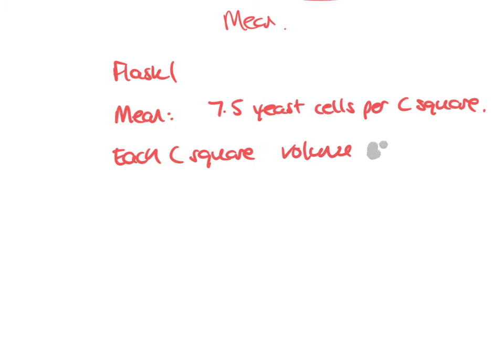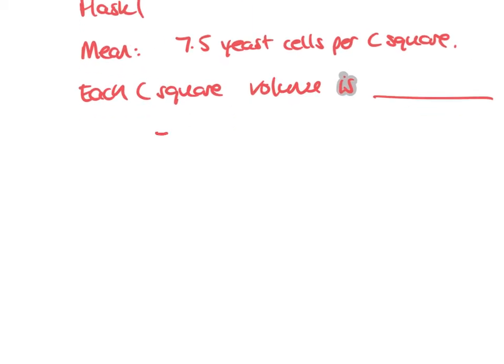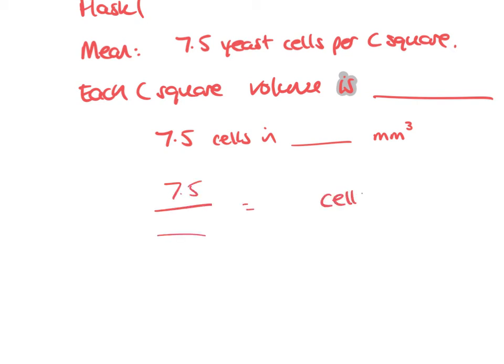volume is, well, all right. So if you had 7.5 yeast cells per C square, that means 7.5 cells in whatever that volume is. So you divide your average by whatever that volume is to give you the number of cells per millimeter cubed.